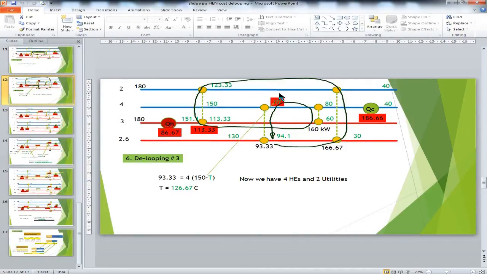Here is 126, and here is 94. So looks fine here. Now we have 4 heat exchangers and 2 utilities. And when you look at this carefully, you will see another loop taking place.